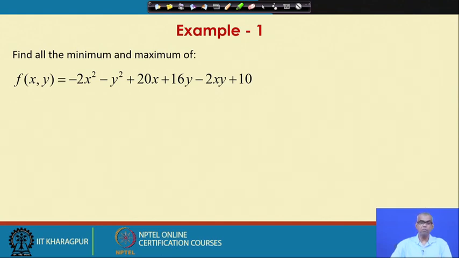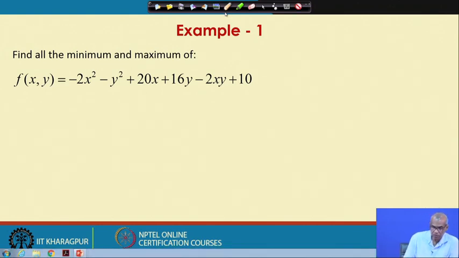Let us find all the minimum and maximum or saddle point, whatever exists for this function. So, basically we find all the stationary points for this function and judge if the stationary point is minimum or maximum or saddle point.